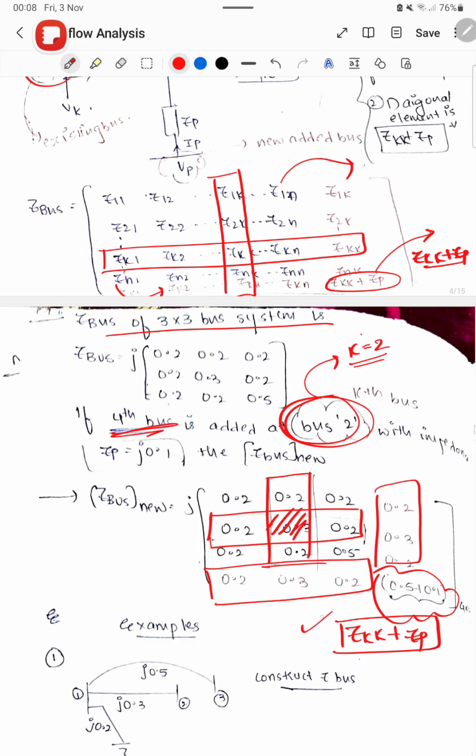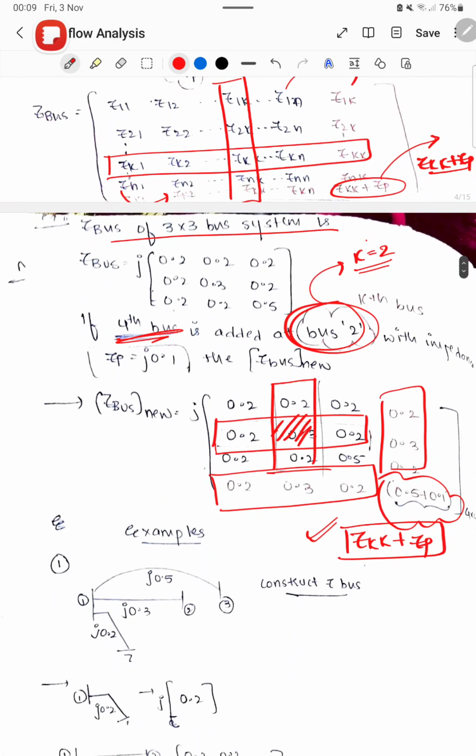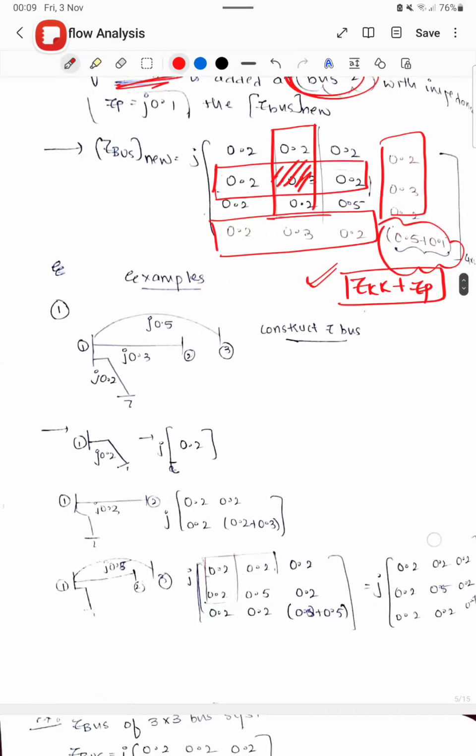That needs to be taken care of. When it was the reference, the n plus 1th row and column were 0 and the last element was zp, but here it is the kth row and kth column, and the last element is zp plus zkk.